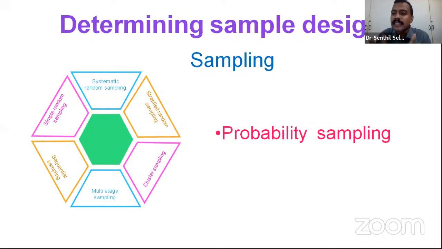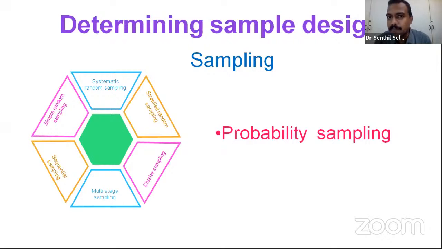Among the population, you select the strata or the groups of people. In those strata, you randomly select the samples. So first stratification and then sampling. This is called stratified random sampling.